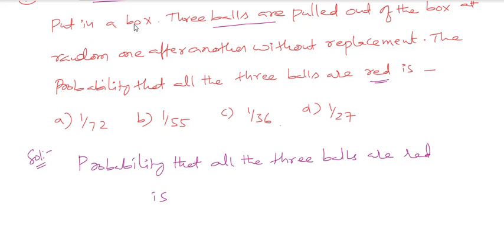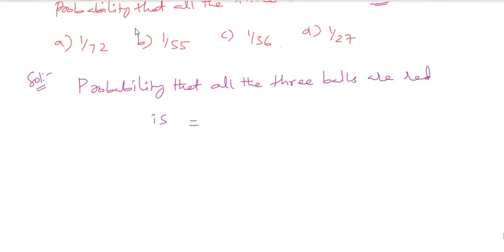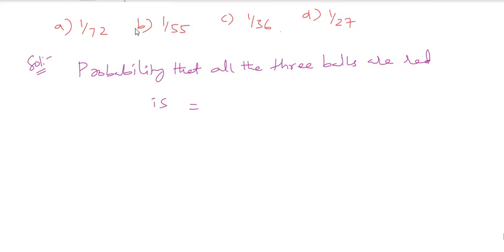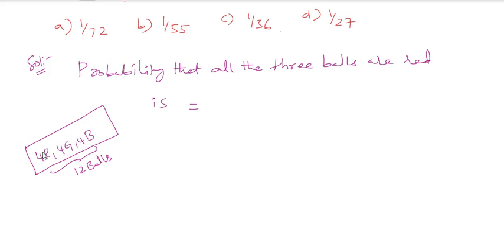One of the cases you can go with is this. If I take an urn or a box, they have given 4 red balls, 4 green balls and 4 blue balls. Total 12 balls are there. Out of which they selected 3, and all 3 must be red.